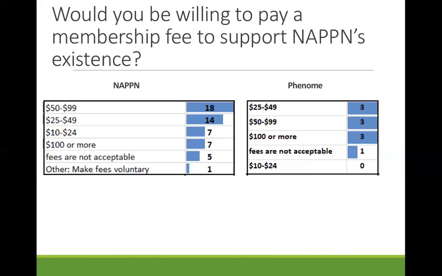And I was actually quite surprised by these results that people all didn't say, forget it, they're not acceptable. There's actually some willingness. Now that doesn't mean we're going to do it. We're going to try to avoid charging anything. The IPPN does charge a membership fee. That's one way to do it, but we're going to try to find other avenues of funding before we have to resort to this, just to try to keep it open and affordable to all members.